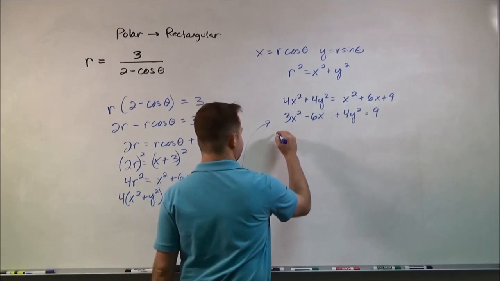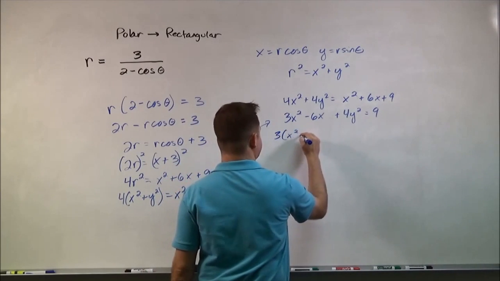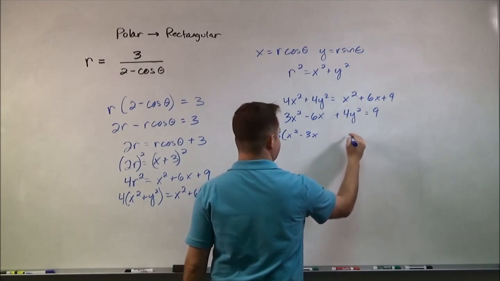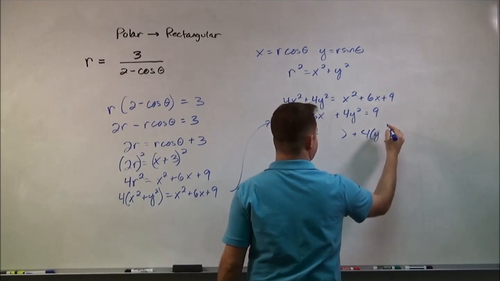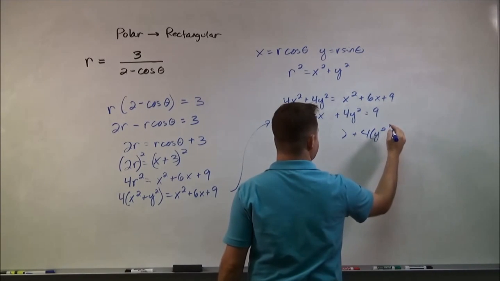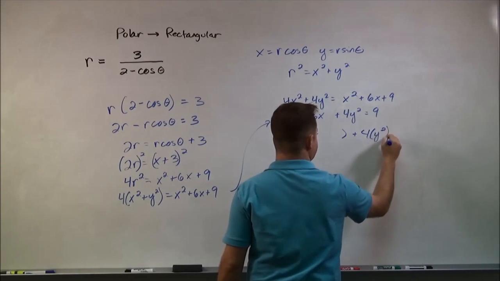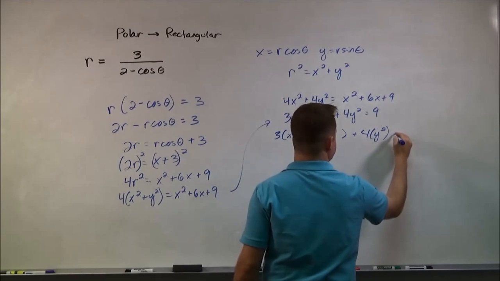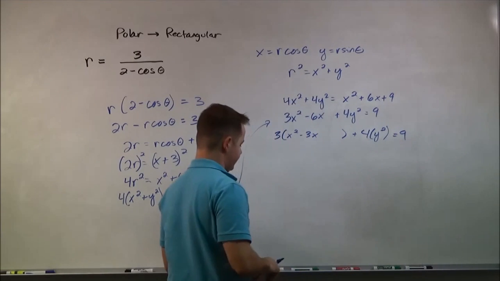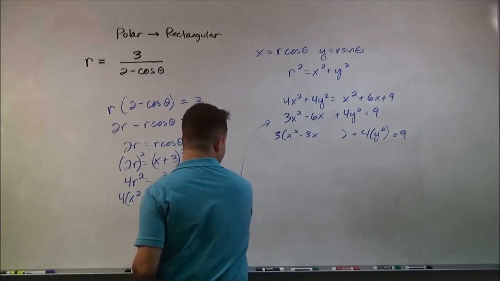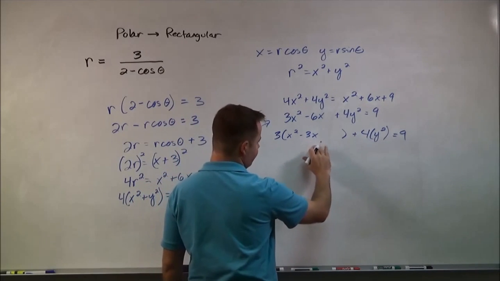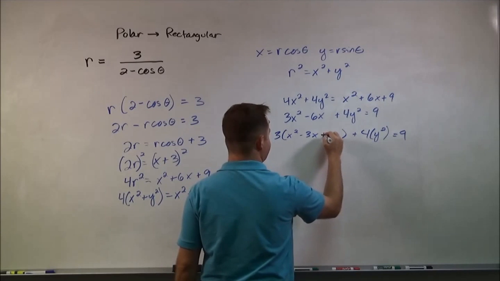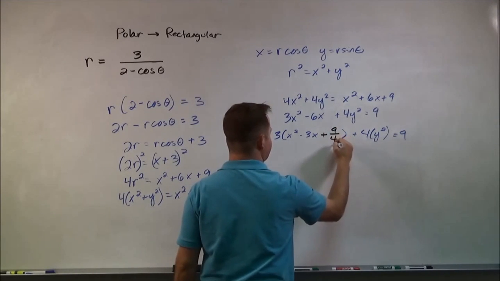So if we factor out a 3, we'll have x squared minus 3x. Leave some room to complete the square, and this would be 4 times y squared on that. And then this will be equal to 9. And what I want to show in here is that when we complete the square, you take half of this term and square it. So that would be 3 halves squared, which would be 9 over 4.